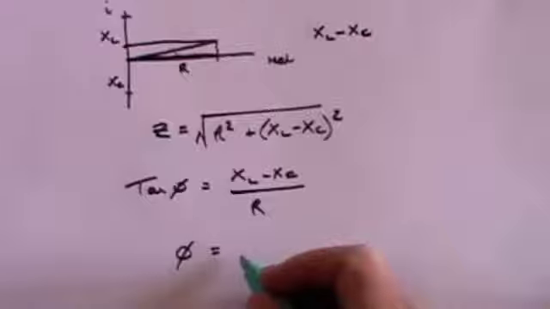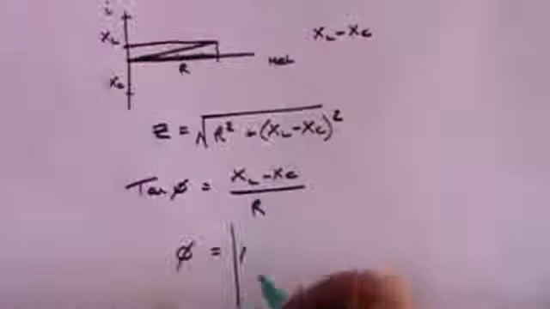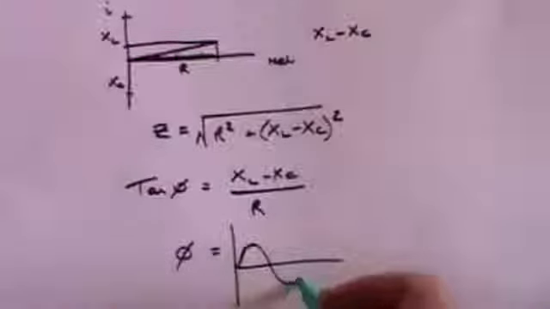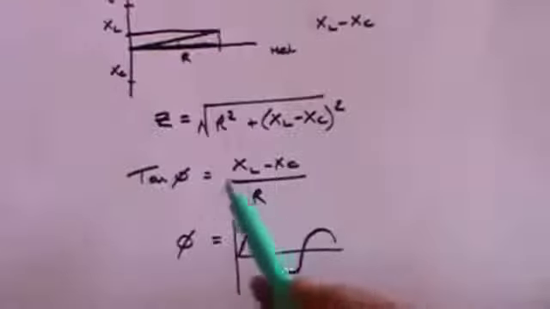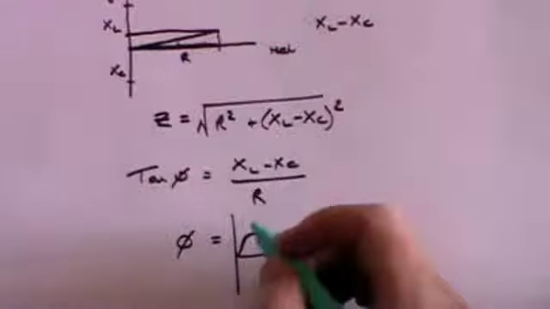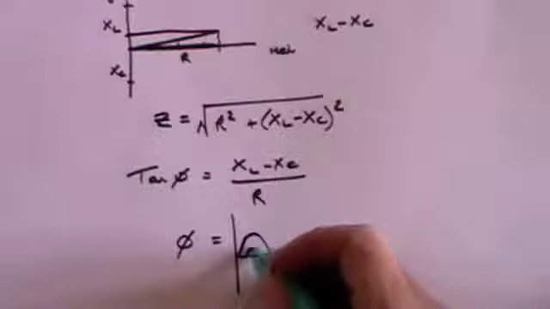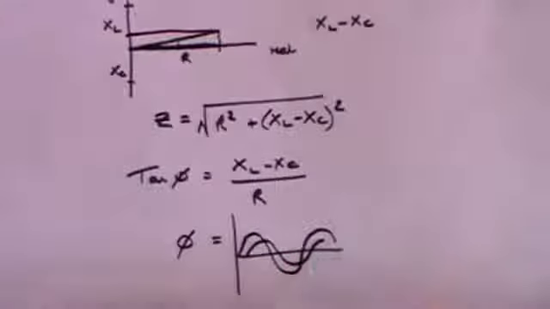In this case, it's a slight positive angle, and so consequently, if we draw the voltage, then the voltage will lead the current by this angle, whatever that turns out to be. So the current will be a little bit behind the voltage by the angle that we have calculated.